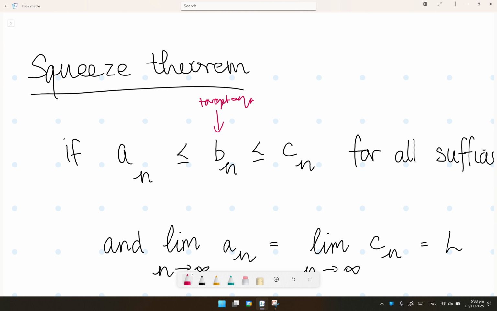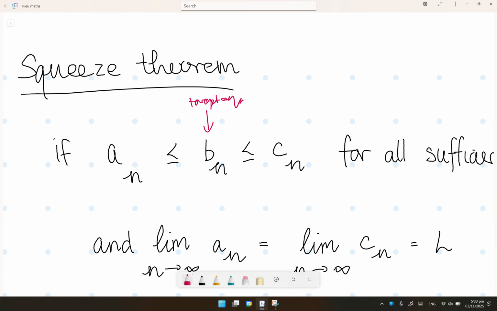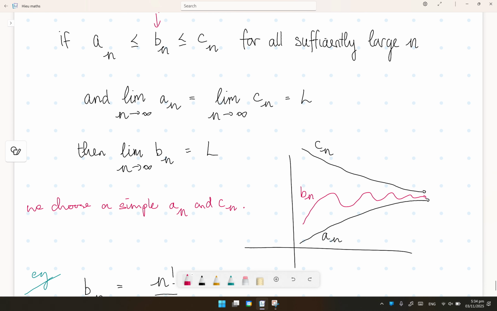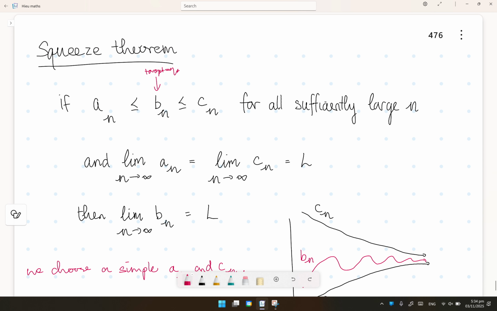So if An is smaller than Bn, and then Bn is also smaller than Cn, what we can do is that if we know that the limit of An is equal to L, and the limit of Cn is also equal to L, that means An and Cn both end up at the same point. Then if we are sure that Bn is smaller than Cn and then larger than An for all sufficiently large n, then we know that the limit of Bn is also going to be the same as both of these two, right?